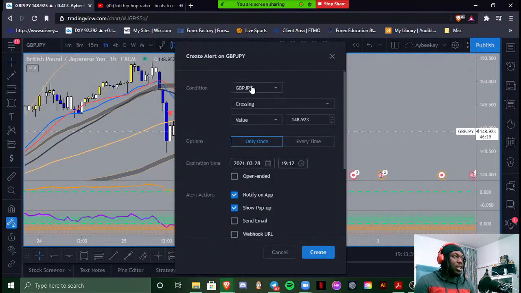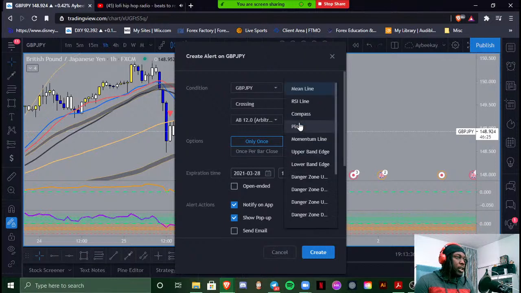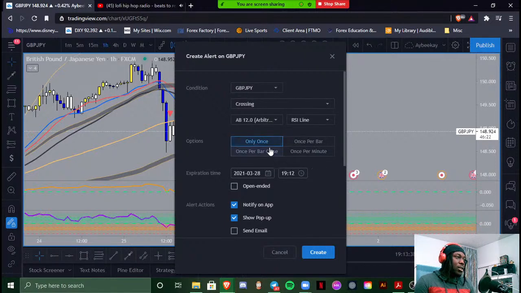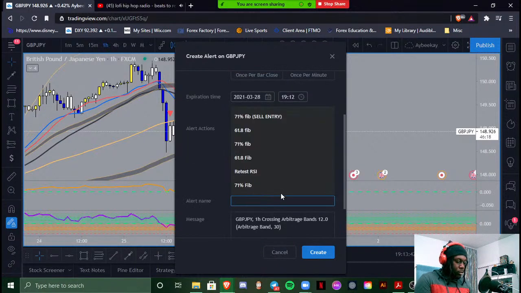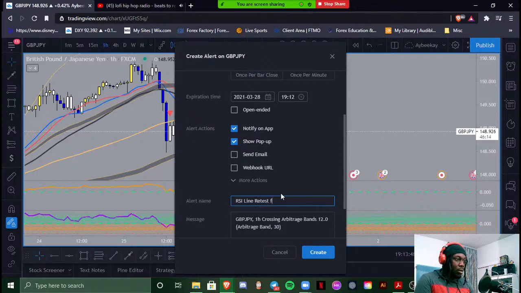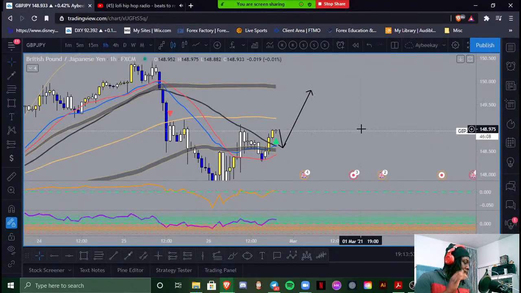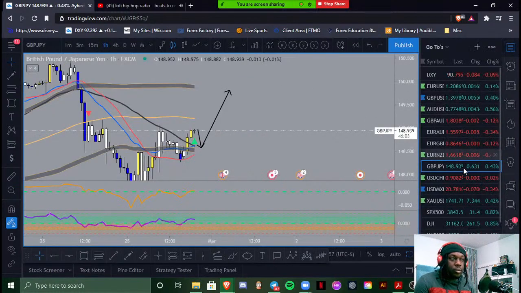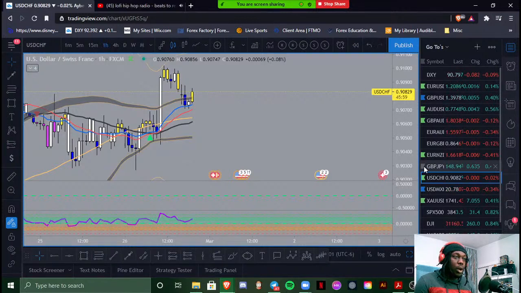So I'm gonna go ahead and just put GBPJPY crossing arbitrage RSI line, only once, and then RSI line retest for buy. Create, and we'll see what's up. So that is for GBPJPY. Long analysis stick. I'm gonna be watching for that.